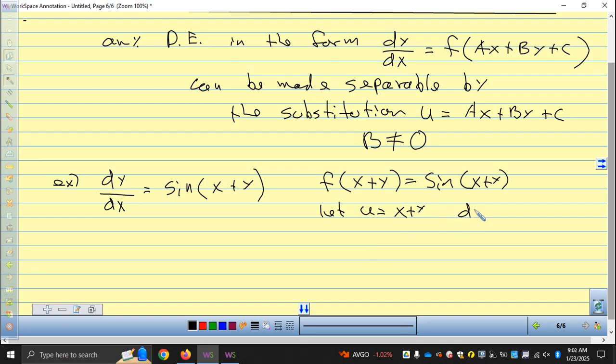du/dx, I need to take the derivative here because u becomes my new variable. du/dx is 1 plus dy/dx. I'm just taking the derivative of this with respect to x. Yes? Does it matter whether you do du/dx or du/dy? Yeah, you could do y and then solve, but you'd get y in terms of u though.